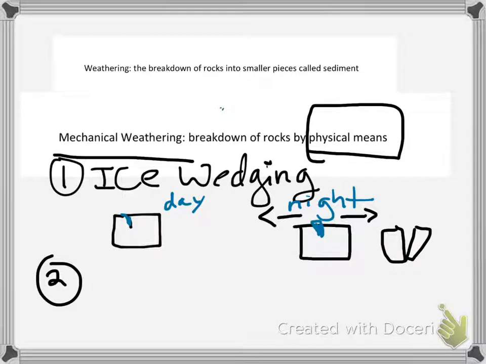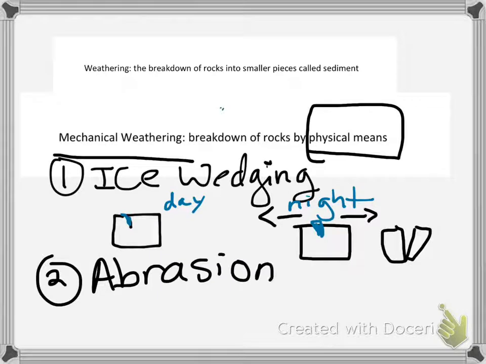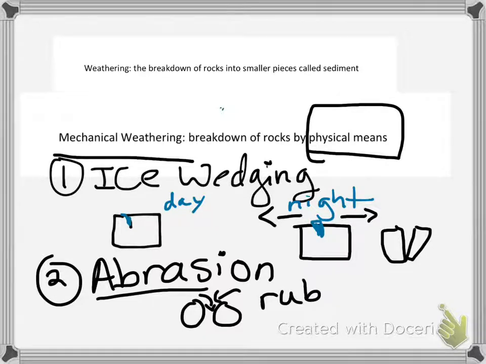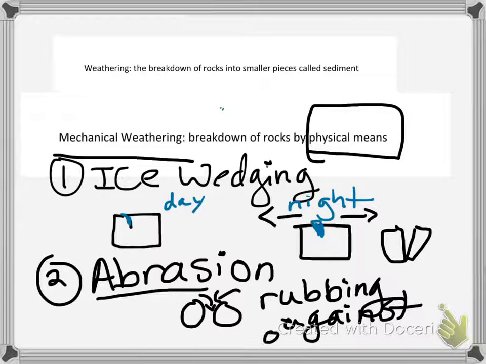Alright, the second type of mechanical weathering is abrasion. Now we've talked a lot about abrasion during class. Think of abrasive actions or abrasive words, the ones that kind of rub you the wrong way. So with abrasion of rocks, you have rocks that are rubbing against one another, and the rocks are going to be smoothed out because of this.